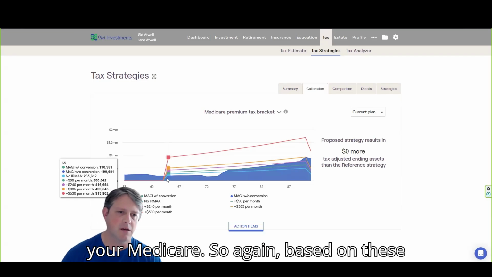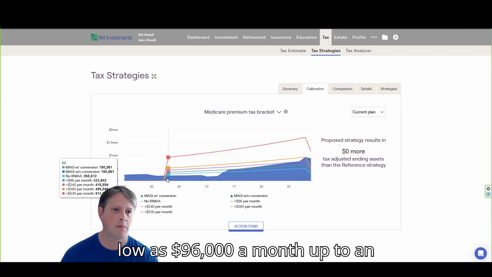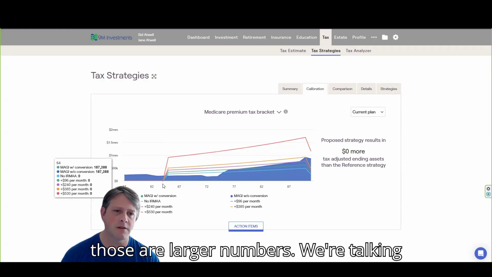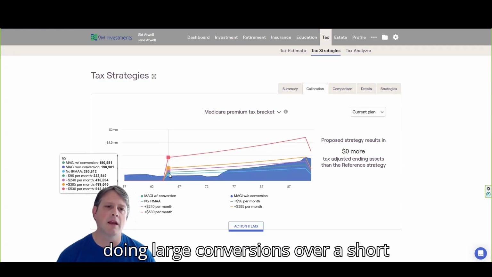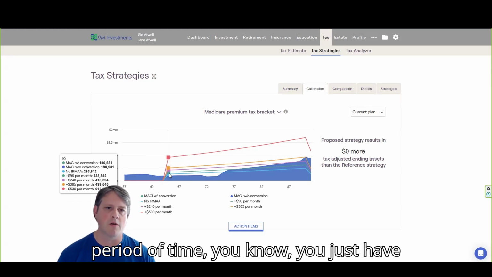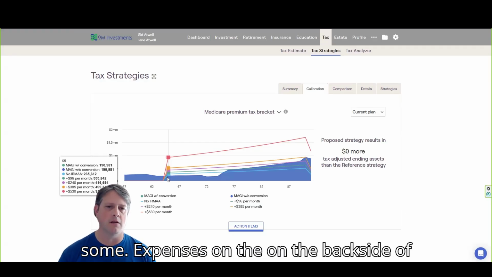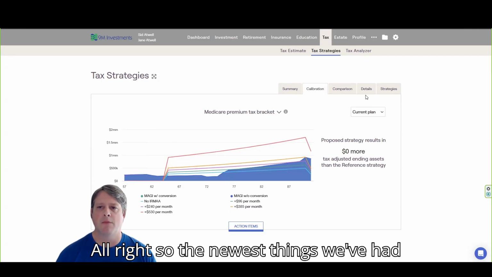So again, based on these tax brackets, that could be from as low as $96 a month up to an additional $530 per person. So again, those are larger numbers. We're talking about 333,000. But if you're looking at doing large conversions over a short period of time, you just have to be aware that there could be some expenses on the back side of that as well, not only on the front side.